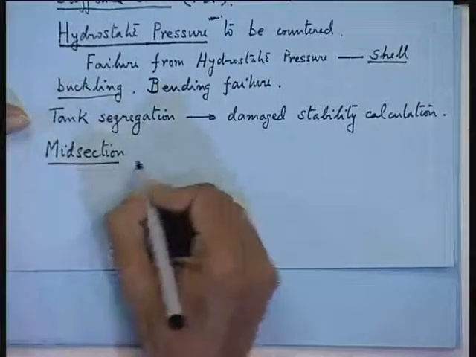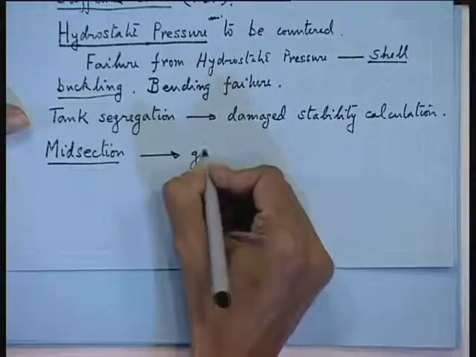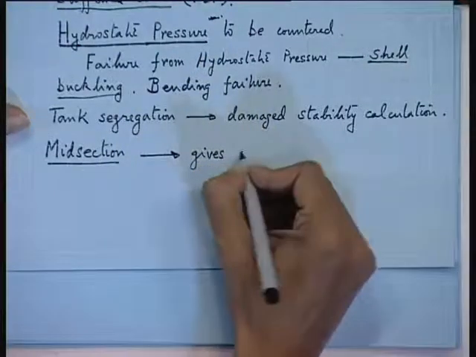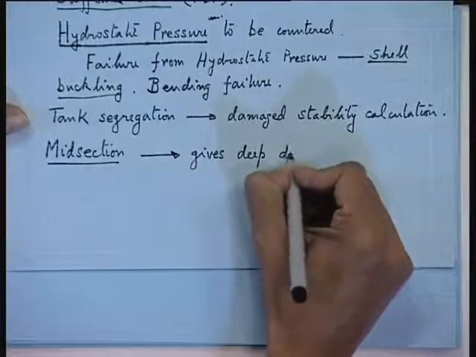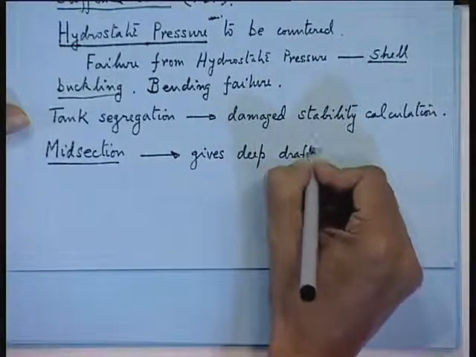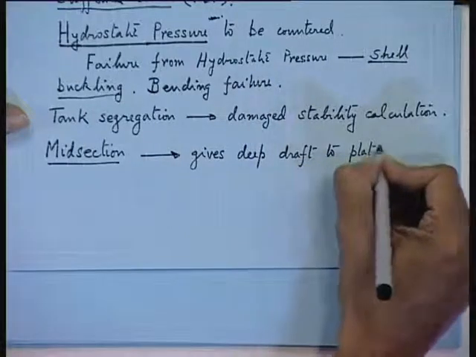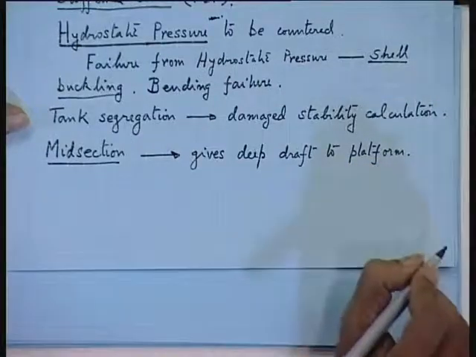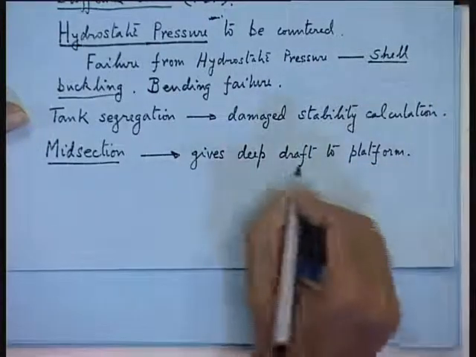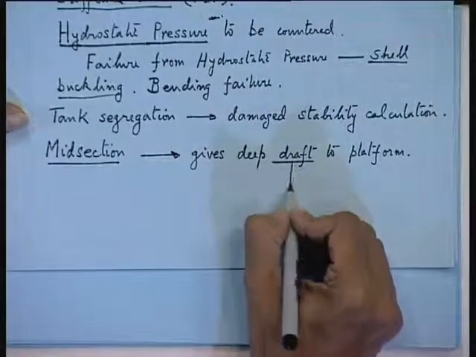The mid section actually gives deep draft. You increase the draft. So, a lot of thought has to be given to the motions and the mechanics of the platform. This midship is dependent on draft selection.